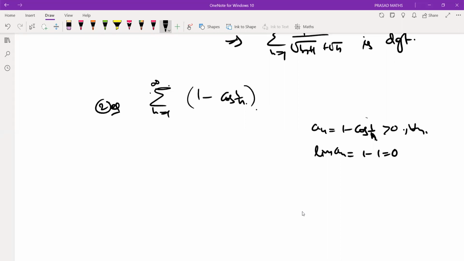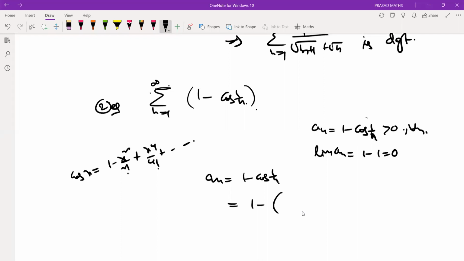How do we actually do this? So first, actually this is my cos 1 by n. Simplify it. What is my cos series? cos x is nothing but 1 minus x square by factorial 2 plus x power 4 by factorial 4 going on. Therefore cos 1 by n is 1 minus 1 by n square by factorial 2 plus 1 by n power 4 by factorial 4 going on.